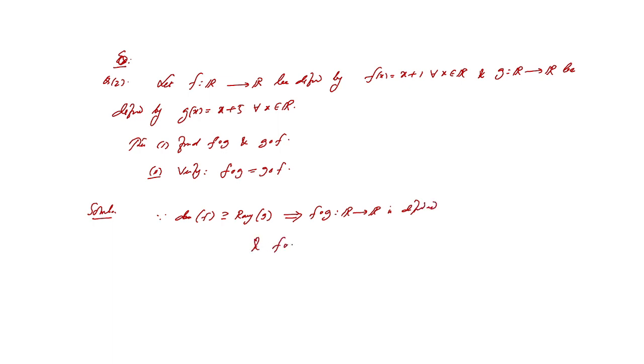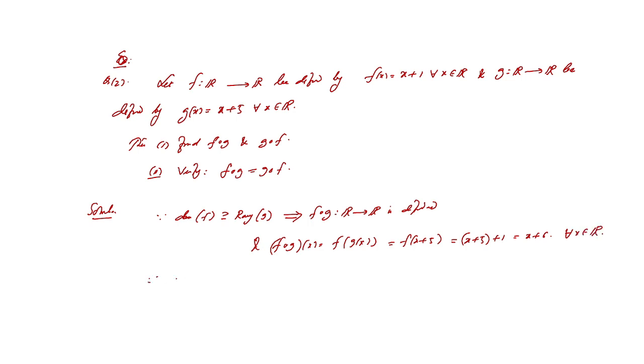And what is F composed G of x? That will be F of G(x). What is G(x) here? It is x plus 5. What is F(x)? x plus 1. So this will be x plus 5 plus 1, which is x plus 6, for all x belongs to R.